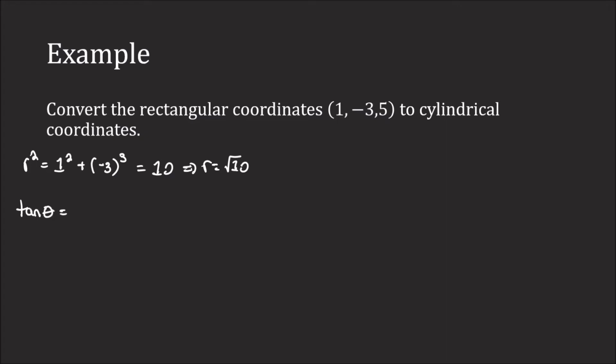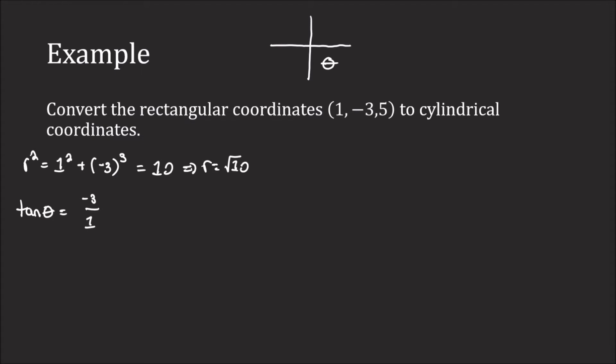Tangent of theta is y over x, so we have negative 3 over 1. Now, if we take a look, y is negative, x is positive, so that would be down here.